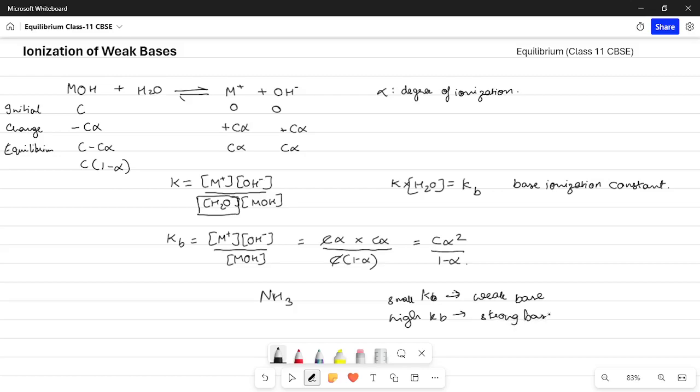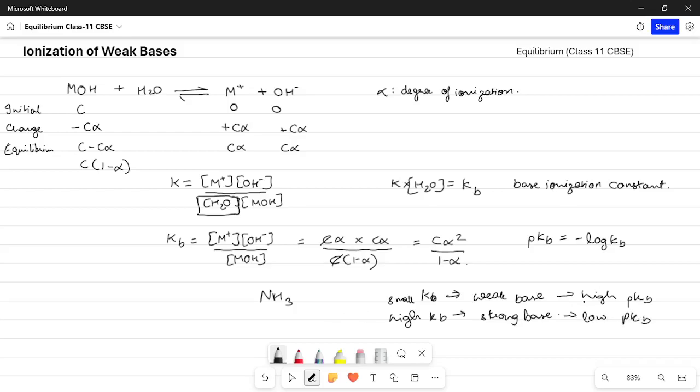Now, like Ka, we can also have something called pKb, which is for bases. So pKb is going to be equal to minus log Kb. For small Kb values, which is a weak base, it'll have a high pKb. And in the case of strong bases, you will have a low pKb.